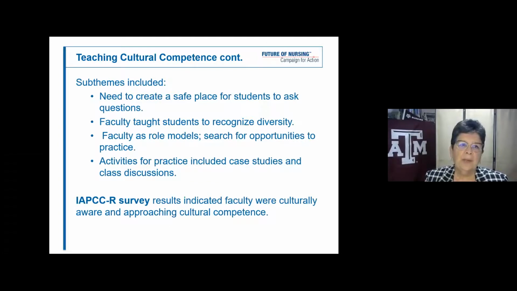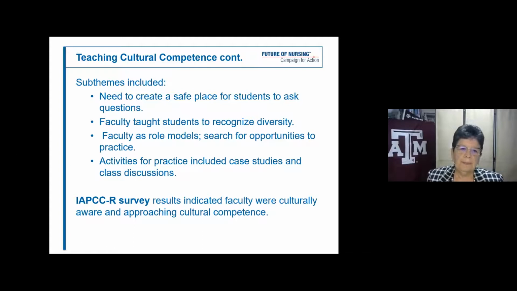Some additional sub-themes that were discerned during the study was a need to create a safe place for students to ask questions. The faculty also talked about how they taught students to recognize diversity. And as role models, the faculty looked for opportunities to practice. And of course, some of the activities for practice, including case studies and class discussions.